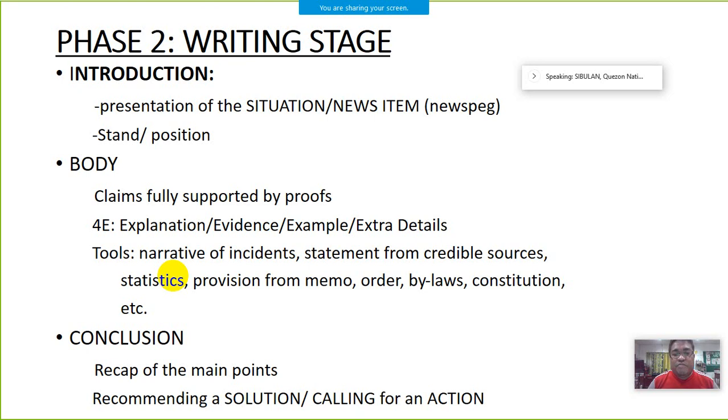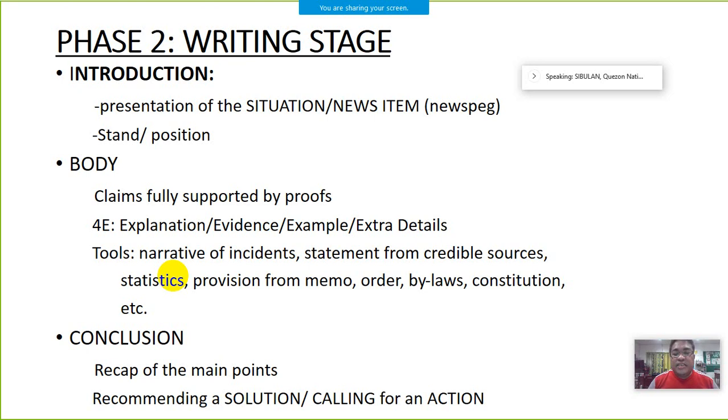Then we can also make use of statistics. We can also make use of provisions from a memorandum, or in the case of the education department, a DepEd order, or we can support our claims by referring to bylaws, the constitution, and other sources.